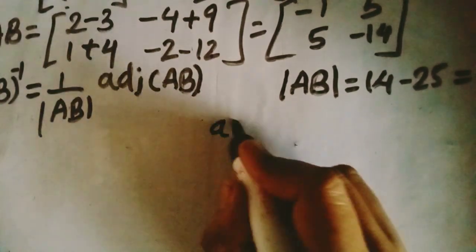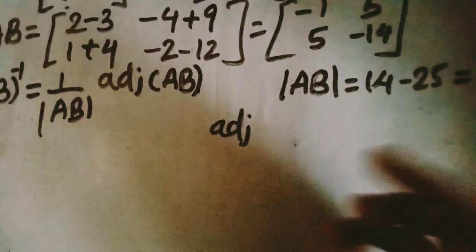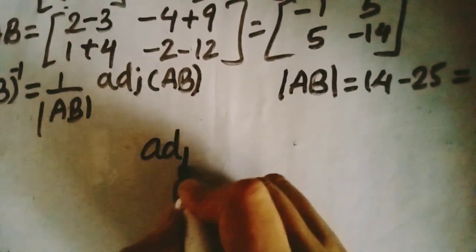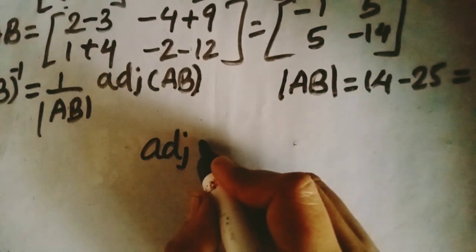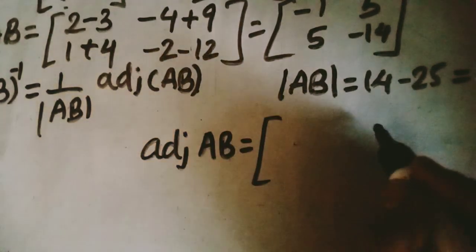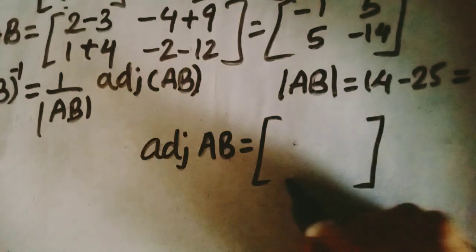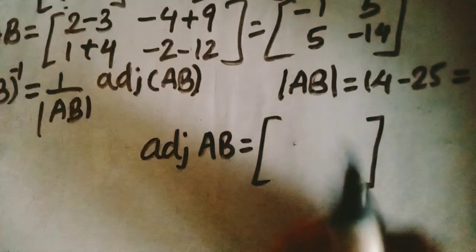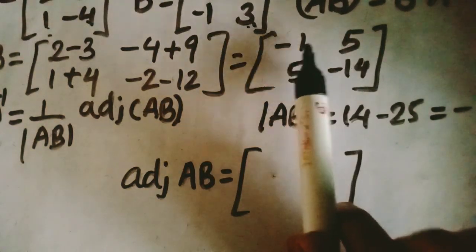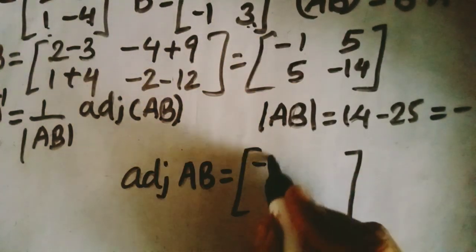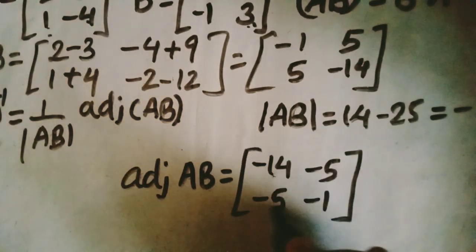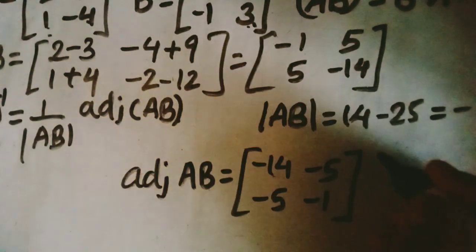Now you find out the adjoint of AB. Adjoint of AB is the transpose of the cofactor matrix. So first you write down the cofactor matrix of AB. So you have to interchange this as 14 minus 1, and here change the sign.